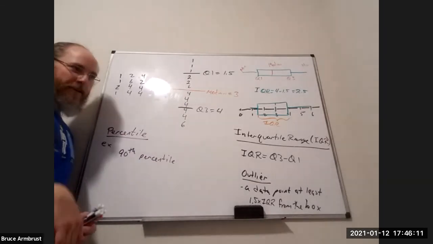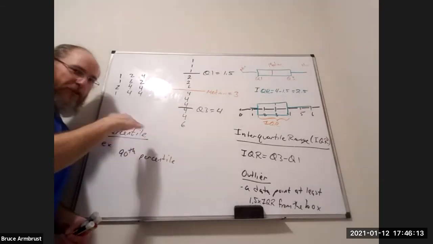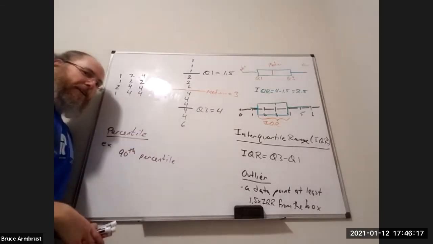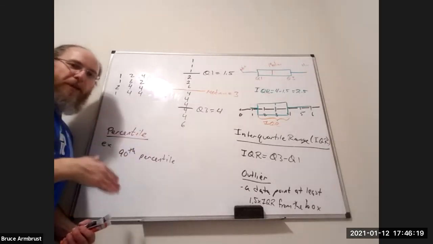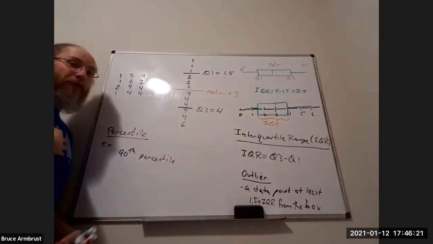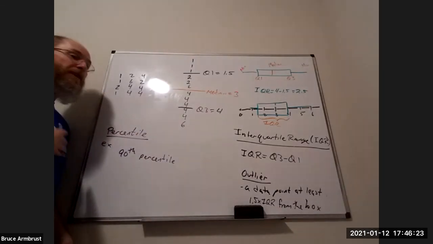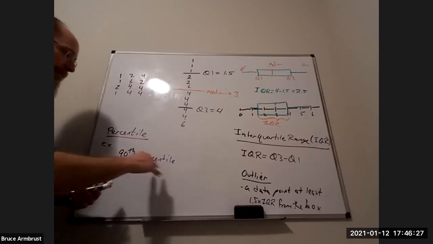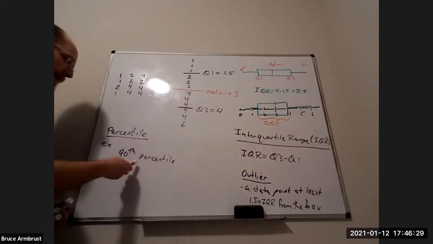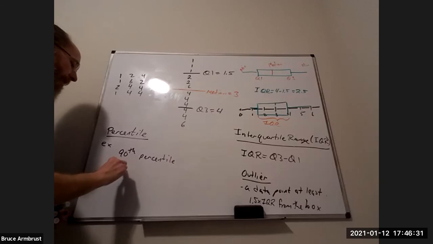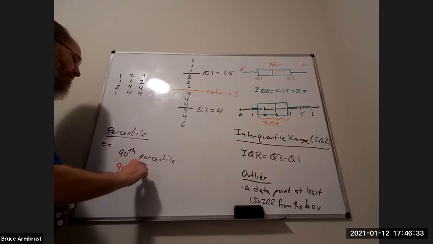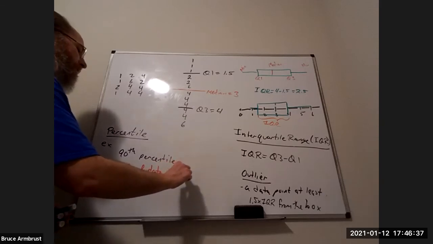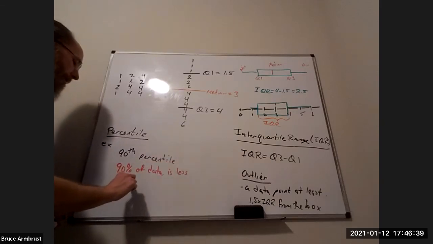And it'll be like, in English, you're in the 87th percentile, and in math, you're in the 92nd percentile, and in science, you're in the 73rd percentile. That's one place I definitely remember seeing those. But percentile, basically what this means, if you're in the 90th percentile, this means that 90% of the data is less than or equal to that number.